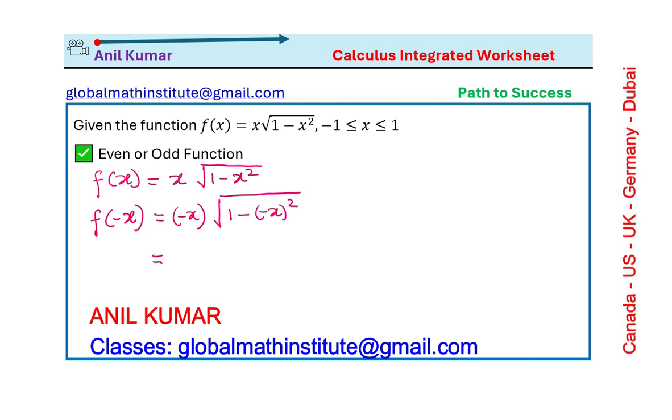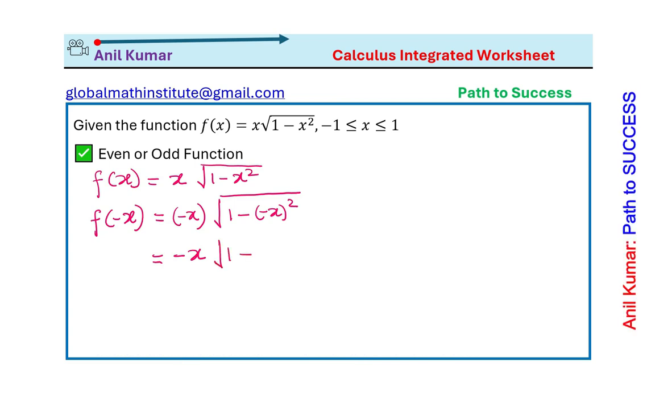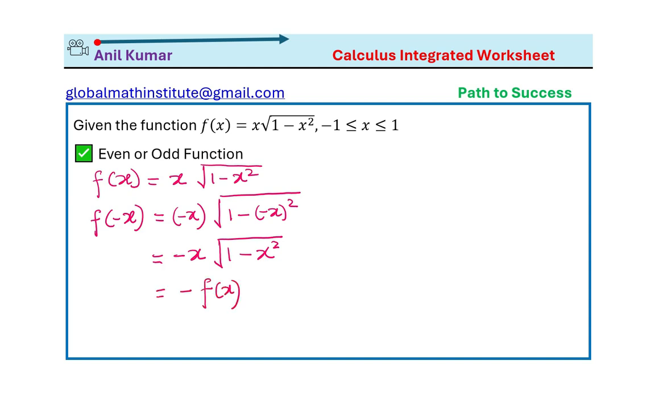So when we do this, we have minus of x here, square root of 1 minus. Square of anything is positive. So there you go, and so we get 1 minus x squared. Now definitely this is negative of f of x.